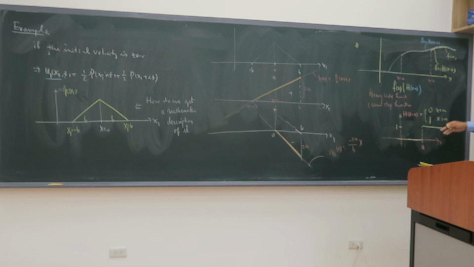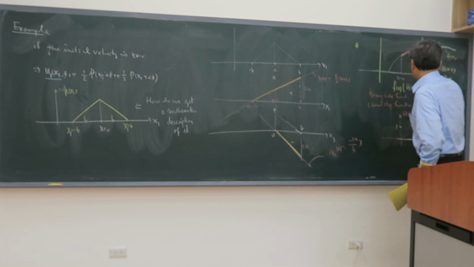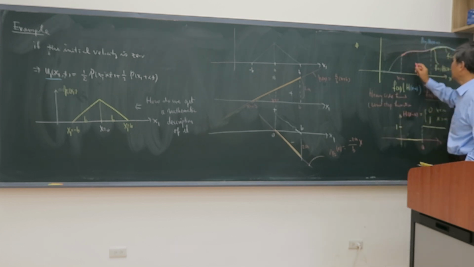Okay? So this yellow part will be fx Heaviside x minus a, subtract fx Heaviside x minus b. Okay? I cut this, so I only have this one.